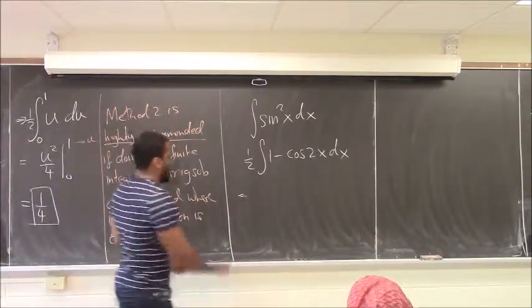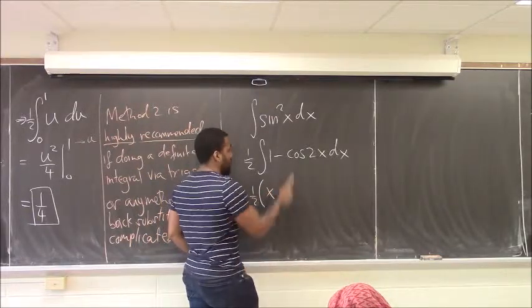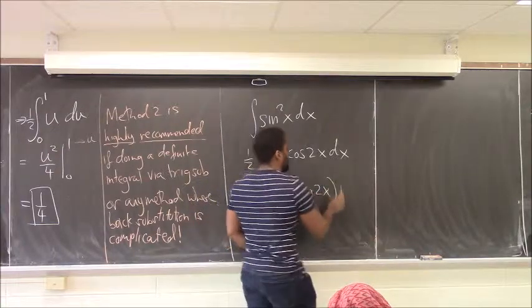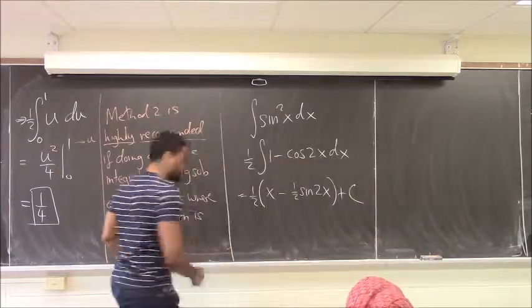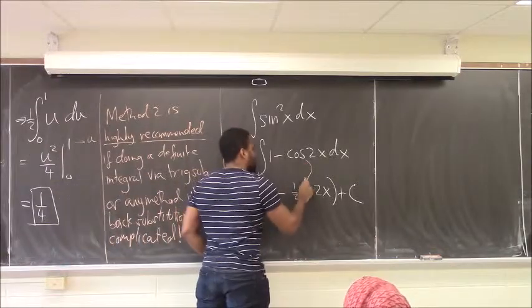So this would be 1/2 times the antiderivative of 1, which is x, minus the antiderivative of cosine 2x, which is 1/2 sine 2x.